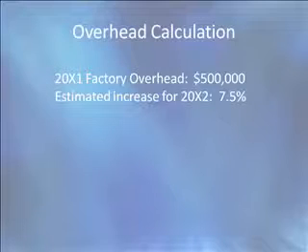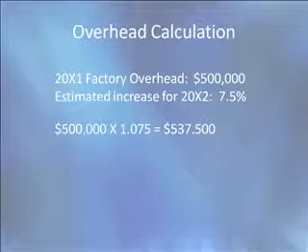There are two ways to solve this. The first way is a one-step approach. Since the overhead is expected to increase by 7.5%, the total for X2 will be 1.075. 1 to cover the 500,000 plus 0.075. 7.5% has been converted into a decimal.